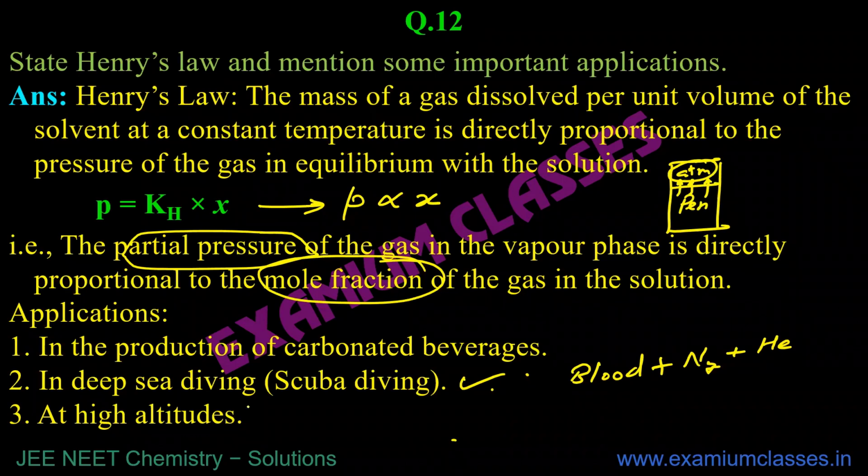Pressure will decrease, so at high altitude that happens. And you might have seen, if you take chips packets from here to, say, Manali, Shimla etc., those are puffed, meaning swollen. The reason is very simple, because the pressure outside is less.